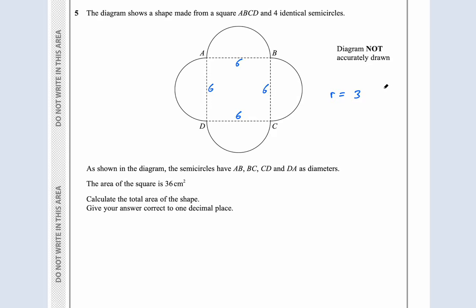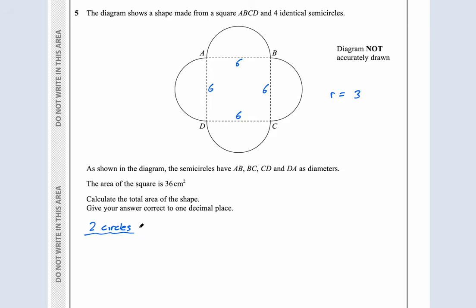So the total area of the shape will be, there's 2 circles. Because if you joined this semicircle to this semicircle, you get 1 circle, and then join this semicircle to this semicircle, you get another circle.